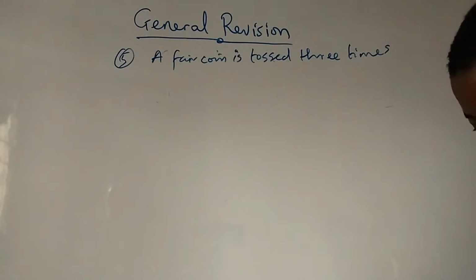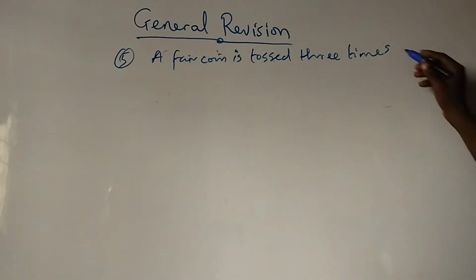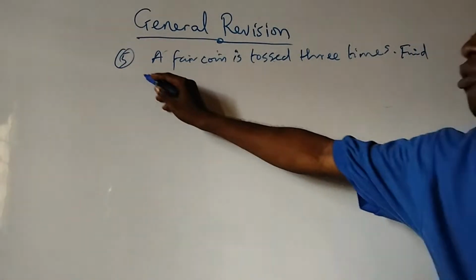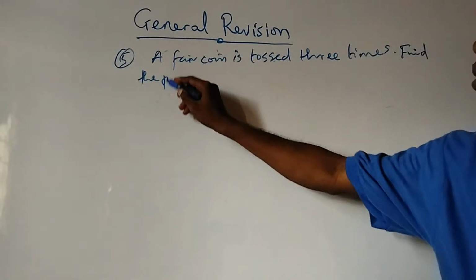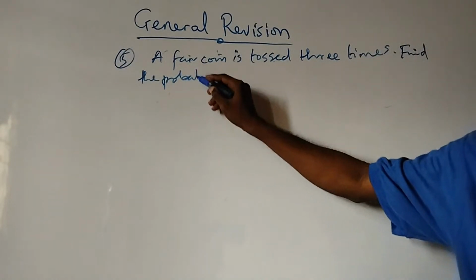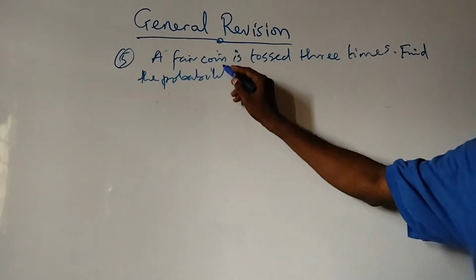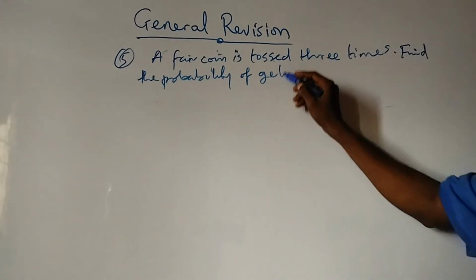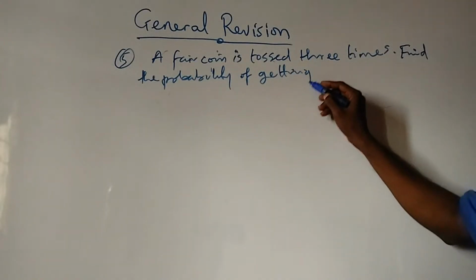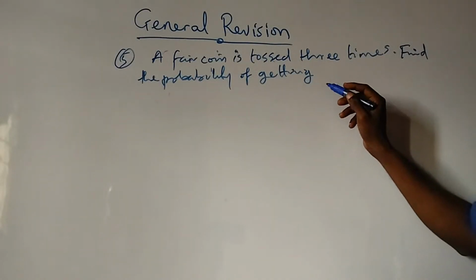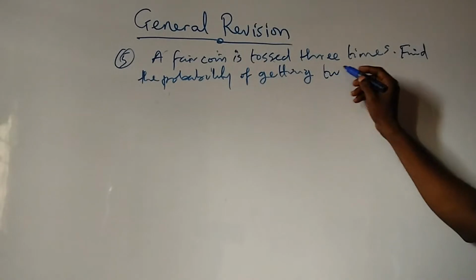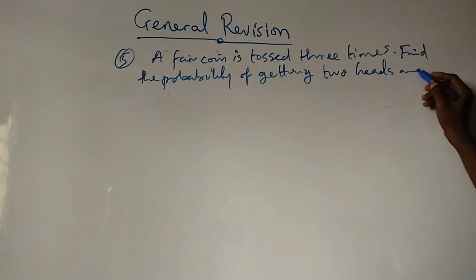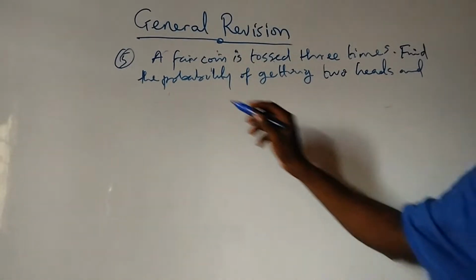Find the probability of getting 2 heads and 1 tail.